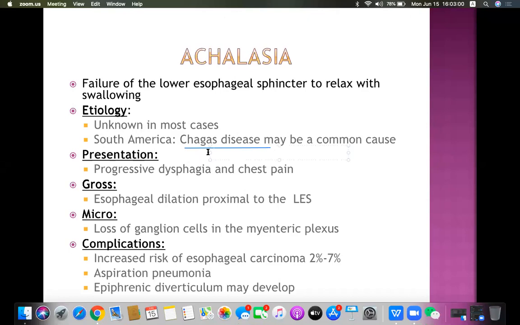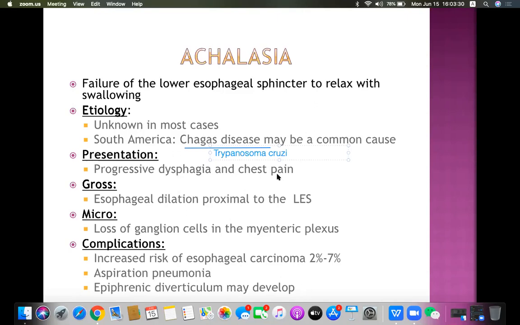Let me write that name here. Trypanosoma cruzi is the causative agent of Chagas disease, and it is very common in South American countries like Brazil.